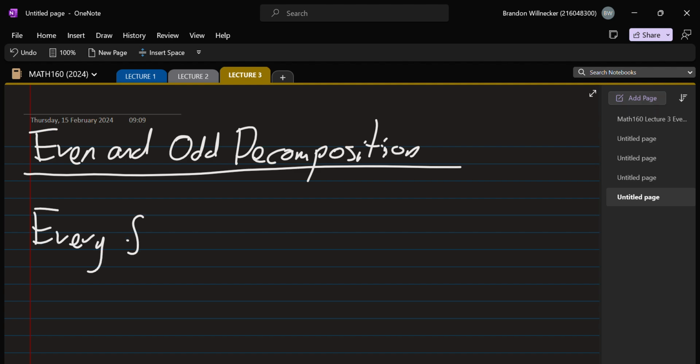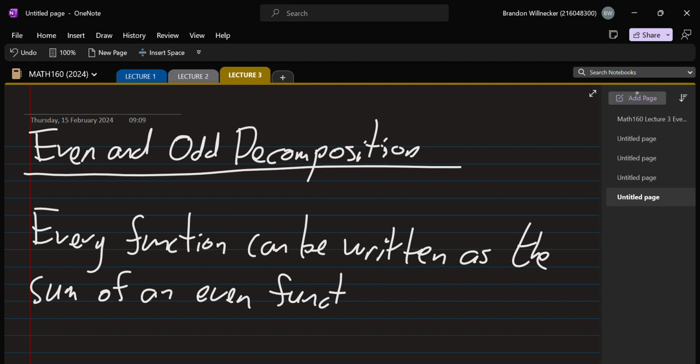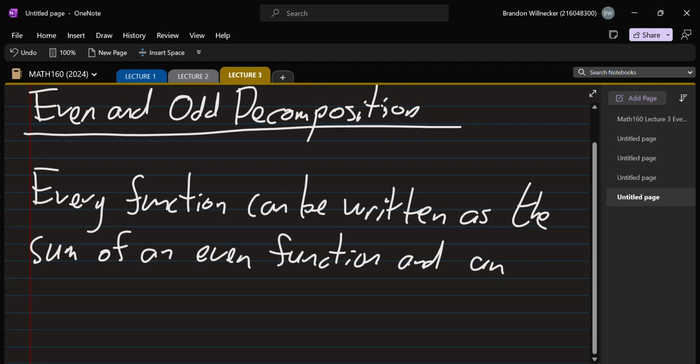So every function can be written as the sum of an even function and an odd function.